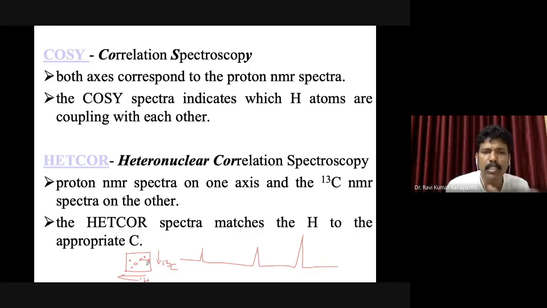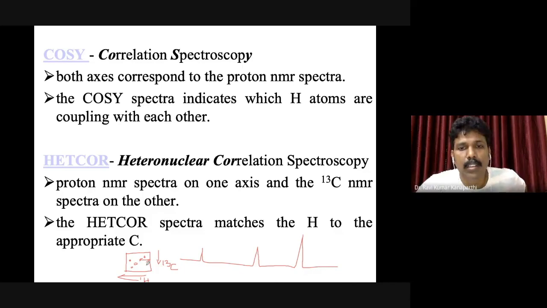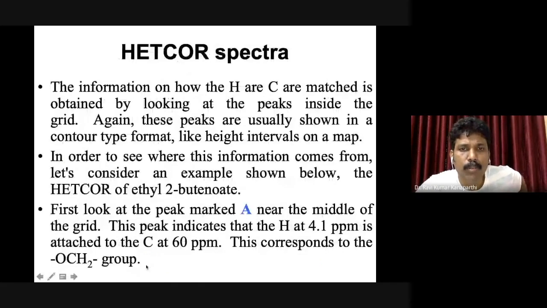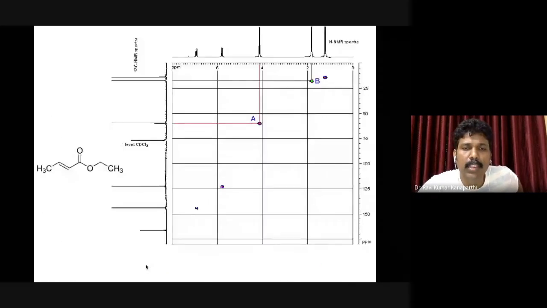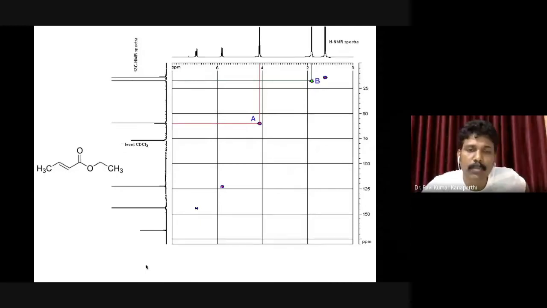Similarly, is the case for carbon and nitrogen, or proton and nitrogen, and similarly for any other two different nuclei. HETCOR is another very interesting technique, and we follow it in the same manner. I have one HETCOR spectrum here.